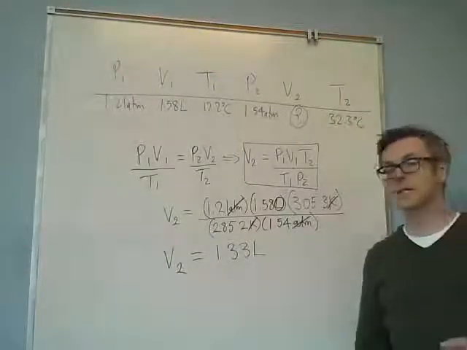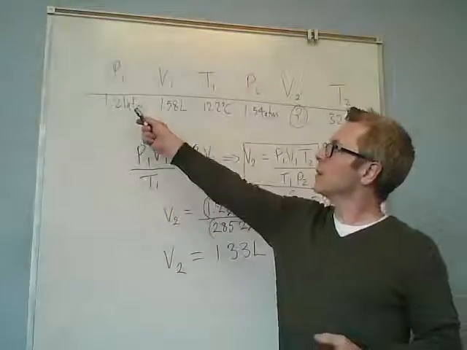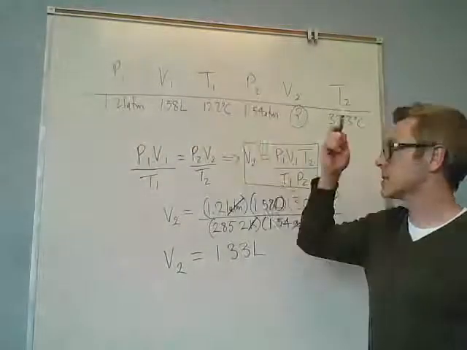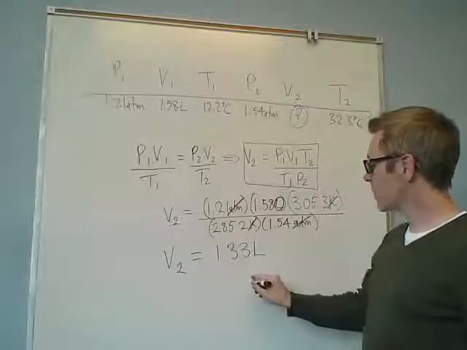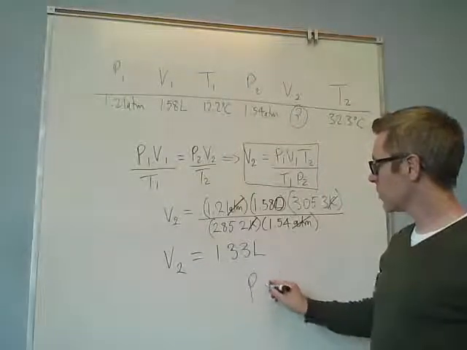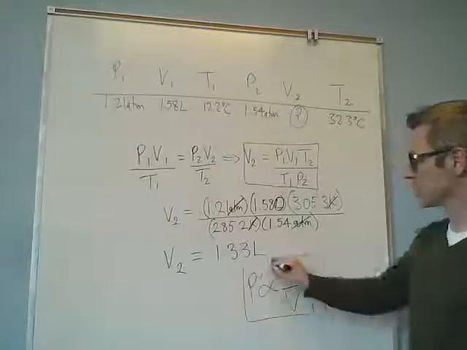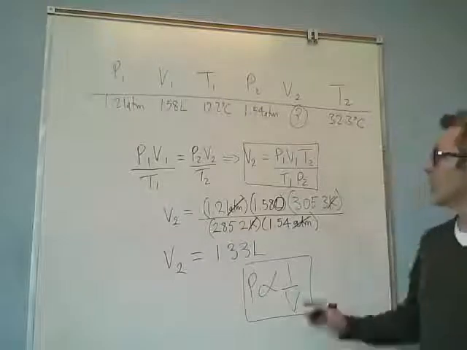Critique your answer. Does this make sense? Well, to go from P1 to P2, the pressure increased. Remember, the pressure is proportional to 1 over volume. Remember Boyle's law. Pressure is proportional to 1 over volume.